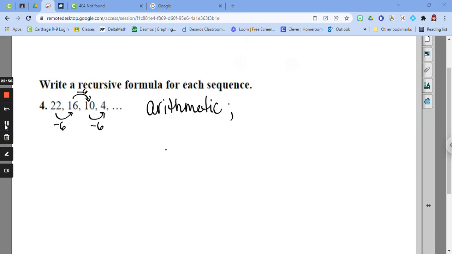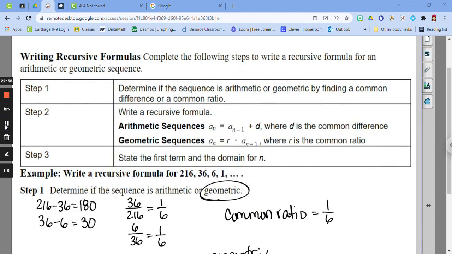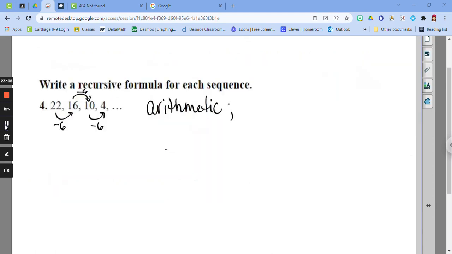And that formula is whatever the previous term is plus the common difference. So previous term plus the common difference.